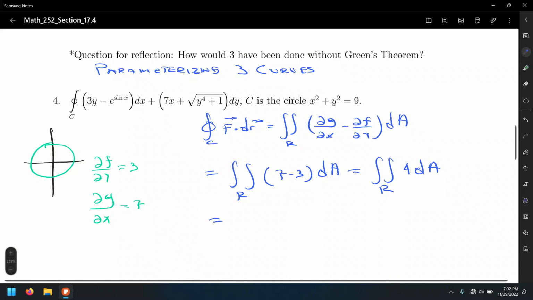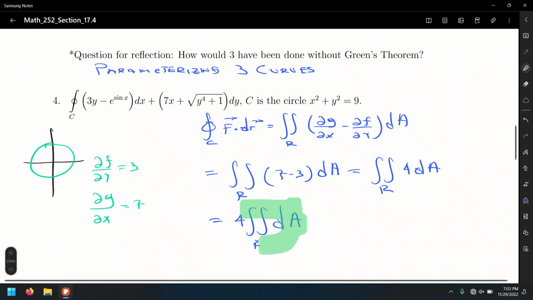And, well, we could evaluate this integral using polar coordinates, because it's a circle, and we're going from 0 to pi, all right? But check this out. I'm going to take out the 4 outside. And, okay, question.